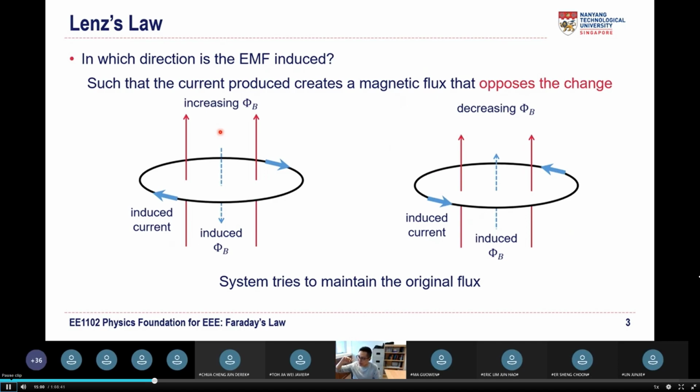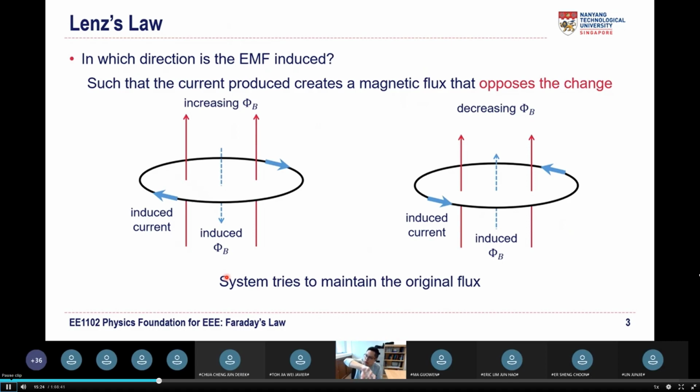Now the current will be produced in such a way that it opposes this change. So in which way do we need to create the induced magnetic field? It must be created downwards. And in order to create a downward magnetic field, in which direction should the current be flowing?